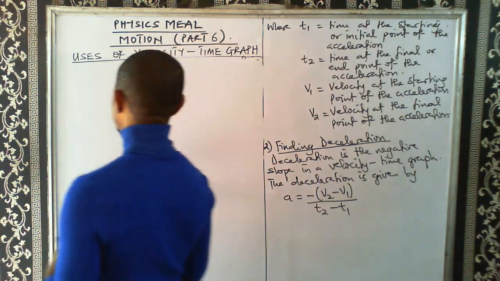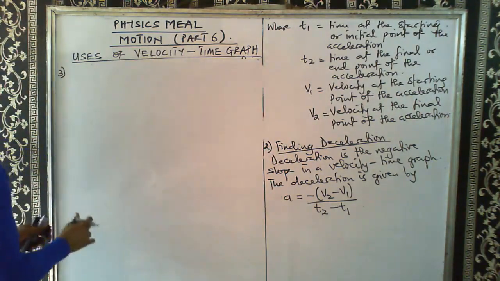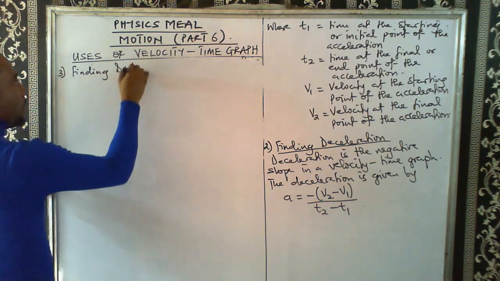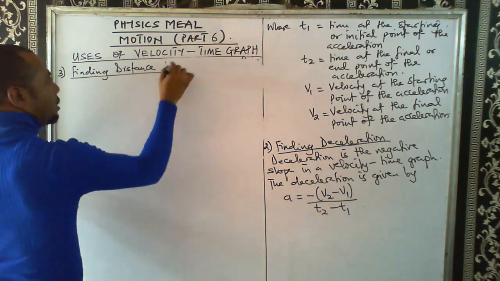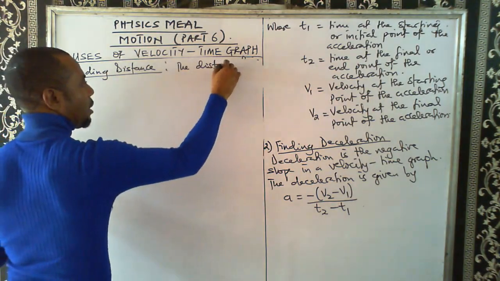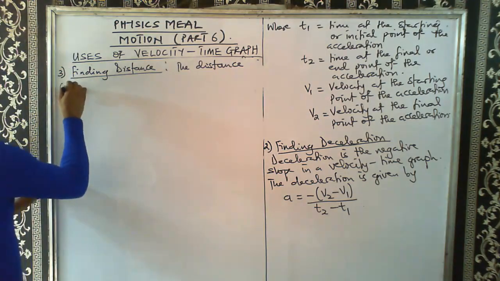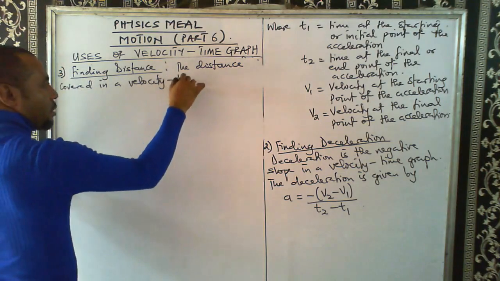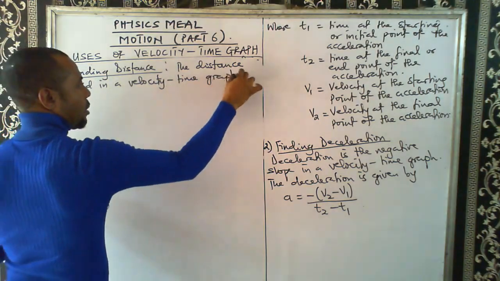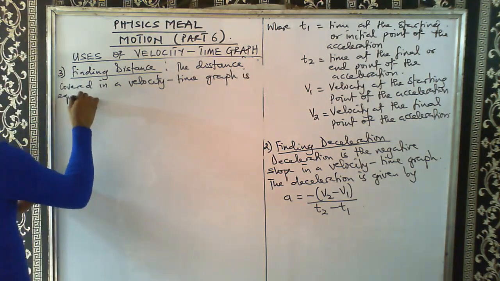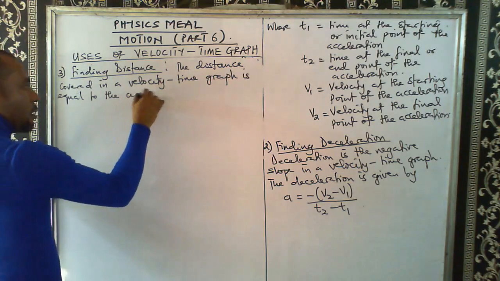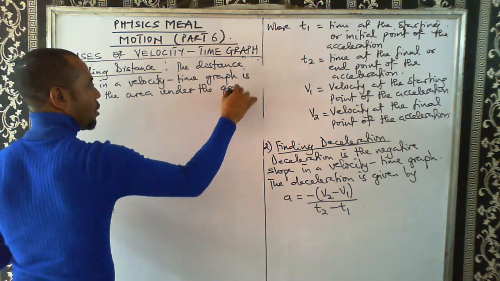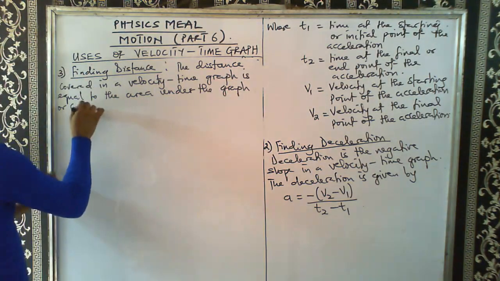Okay, let's look at the last one, which is finding distance. The distance covered in a velocity time graph is equal to the area under the graph or curve, as the case may be.